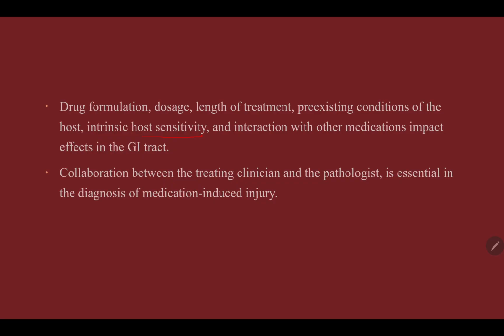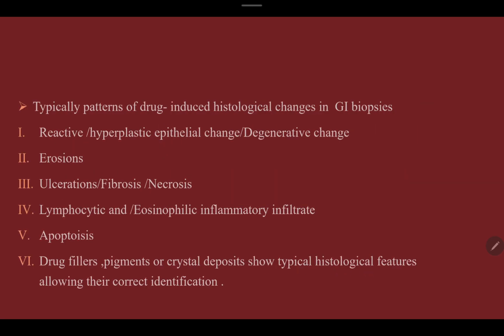So it is a collaboration, an interlink, between the pathologist and the treating clinician. We should always ask the treating clinician what treatments the patient is on, and then the pathologist should integrate this with the microscopic findings. Only then can the diagnosis of medication-induced injury be made.